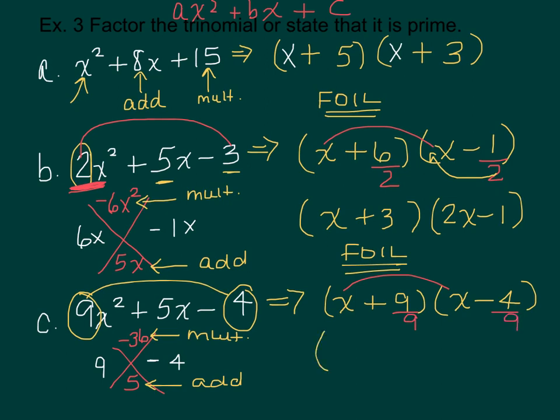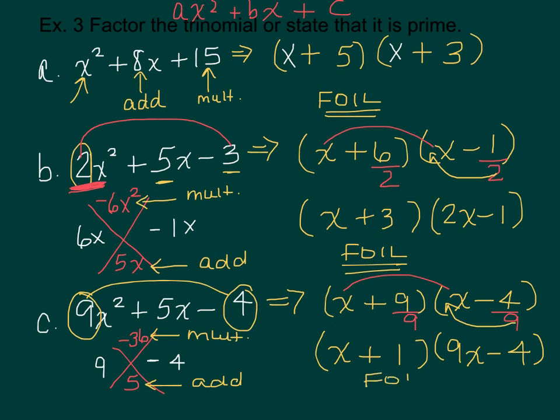And remember, one of the terms will divide evenly, or they may, won't always. And then the other one, 4/9, it can't be reduced, so this 9 goes in front. And if you FOIL it back out, it should give you 9x squared plus 5x minus 4.